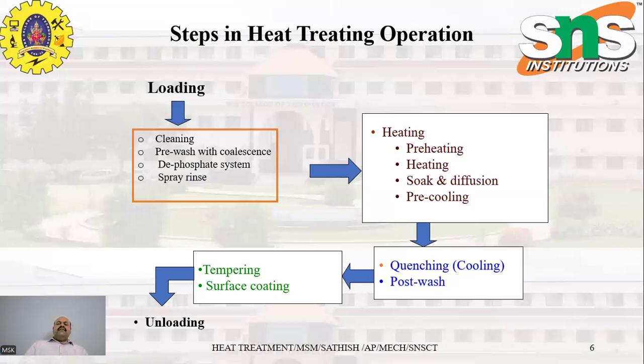After that, we have post-processing heat treatment like tempering as well as surface coating. Then we unload the workpiece. Any heat treatment process has to undergo all these procedures to attain a particular property, right?